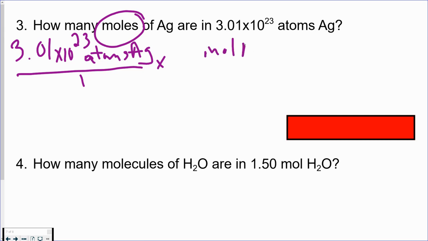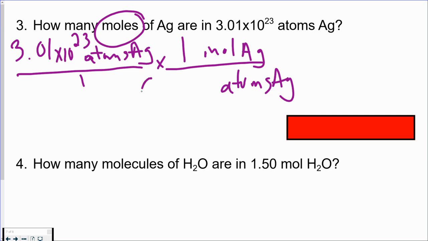So mole's up top, and atoms down on the bottom. Now, when I see this, mole always gets the 1. Anytime you see particles, so atoms, ions, molecules, formula units, that gets Avogadro's number, which is 6.022 times 10 to the 23rd.